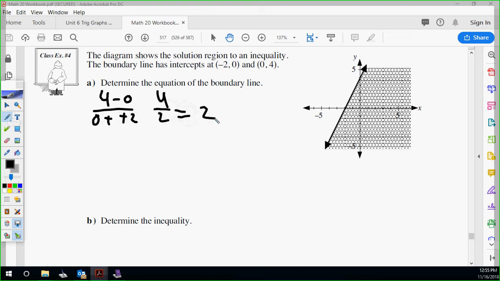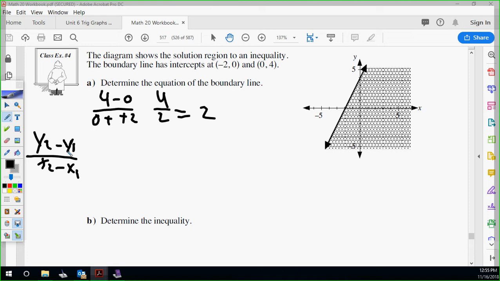My slope is 2. If you don't know what I just did, it's math 9, maybe math 10. y2 minus y1 over x2 minus x1 gets you the slope, right? So you just subtract the y's over subtract the x's. Order doesn't matter as long as you go the same order, you'll still get the same answer. But by doing that, it's 2.